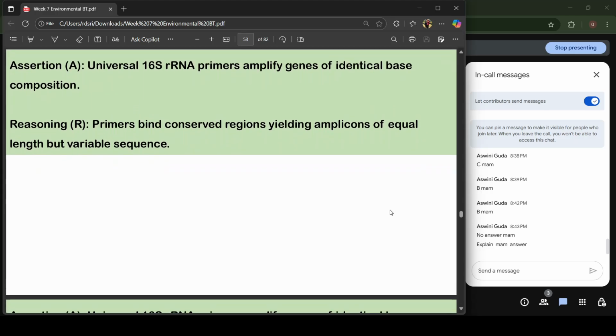Okay, the next question is this. Universal 16S rRNA primers amplify genes of identical base composition. Primers bind conserved regions, yielding amplicons of equal length but variable sequence.